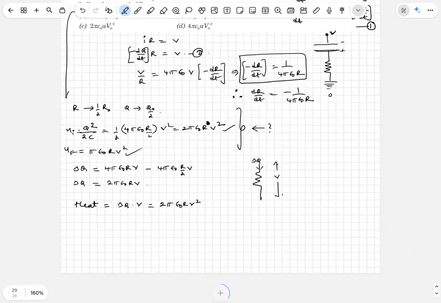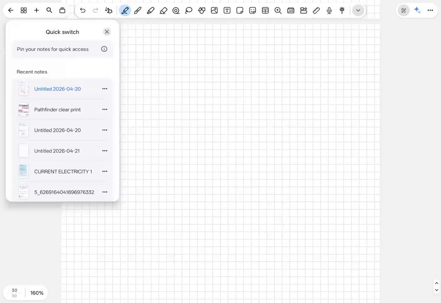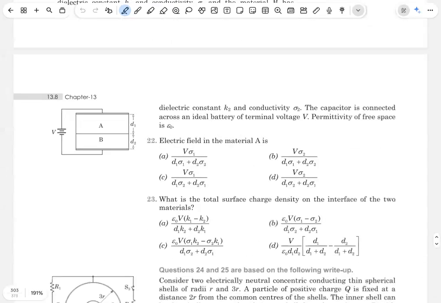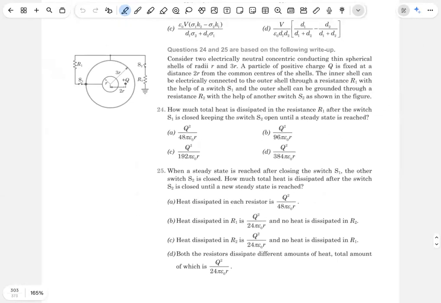Okay, we'll further move on to the next one. Till now in current electricity, you are not exposed to a question of this much depth.